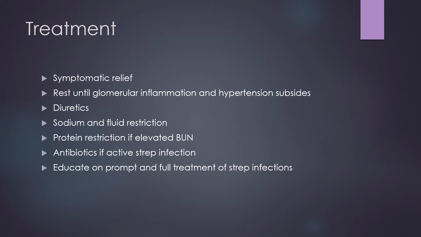If there is an active strep infection, which is the number one reason for acute glomerulonephritis, we would treat it with antibiotics. But we are treating the strep infection, which is causing the kidney disease. We're not treating glomerulonephritis with antibiotics. We're treating the underlying reason.